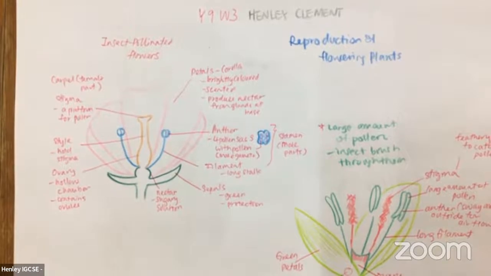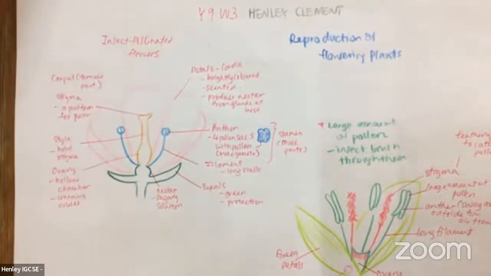This is the chapter I want to share with you. The reproduction of the flower involves many steps. Number one is pollination.